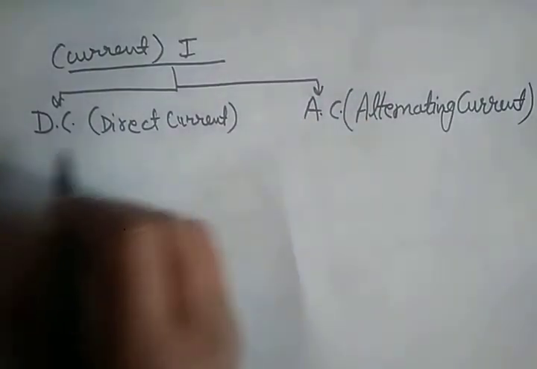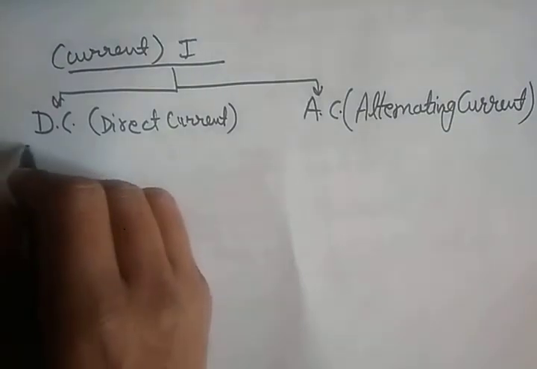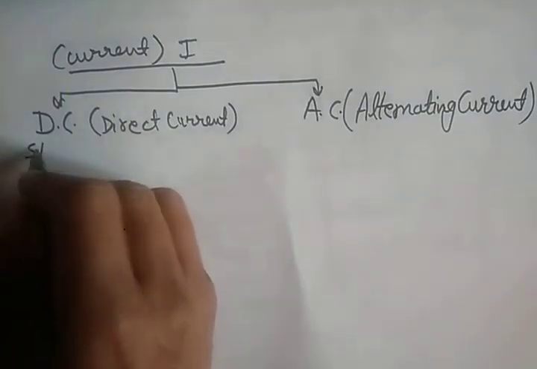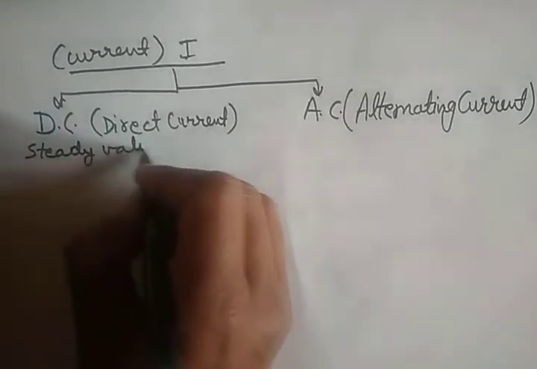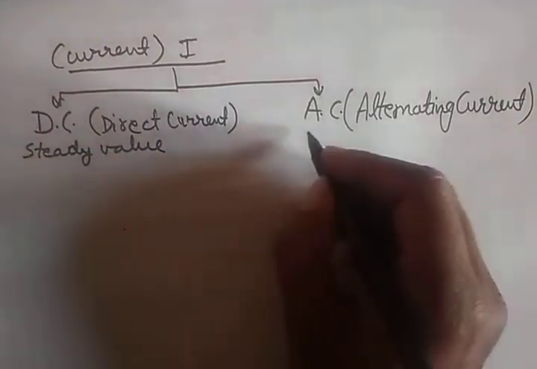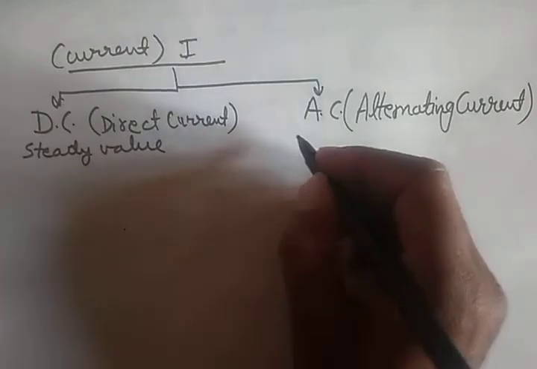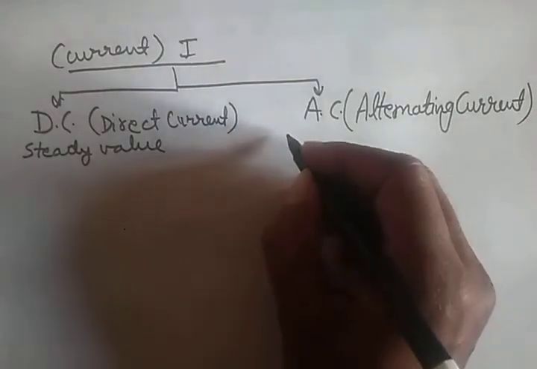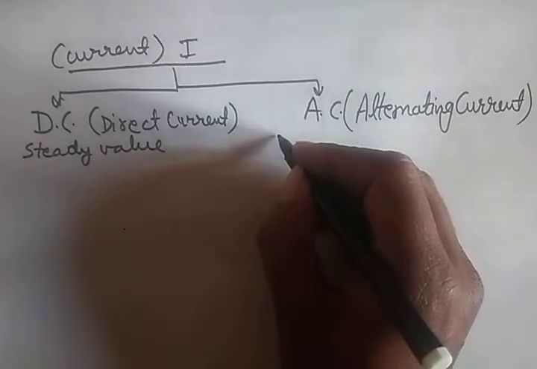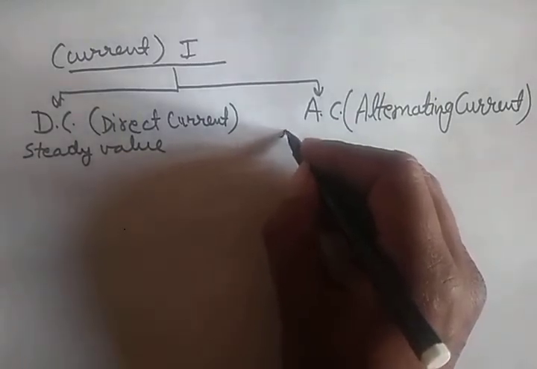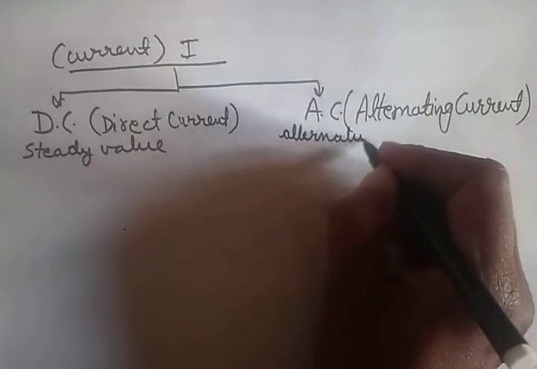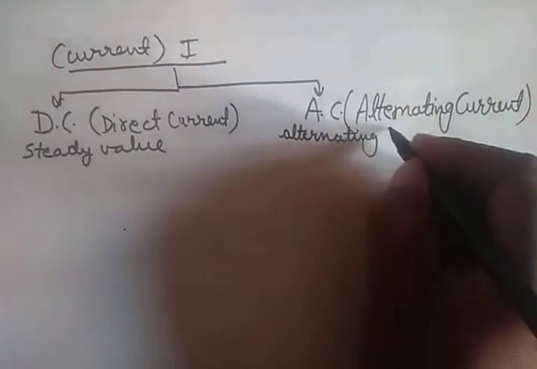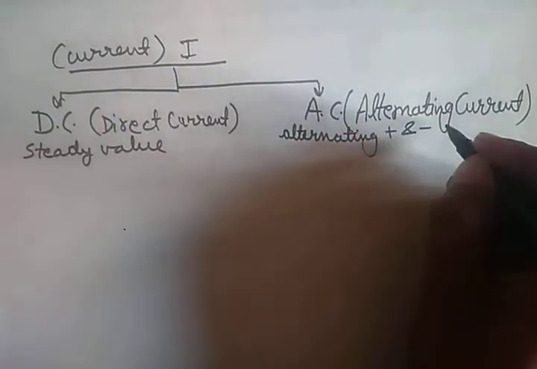So DC has steady value, alternating has fluctuating value, positive and negative value.